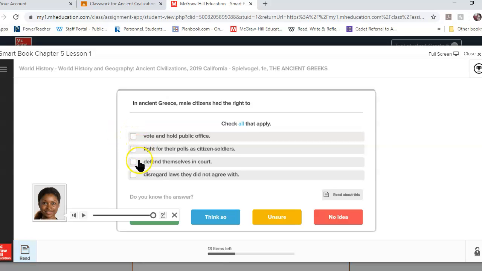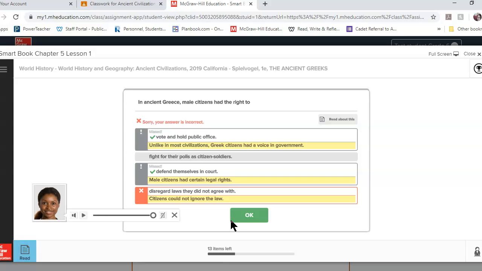So, in ancient Greece, most citizens had the right to... I'm just going to pick a wrong answer, okay? And see, it will tell me I'm wrong. Now, if you go through and you don't read, and you just randomly start selecting answers, it is marking the number wrong. And your points on this assignment are based on the number you get correct.